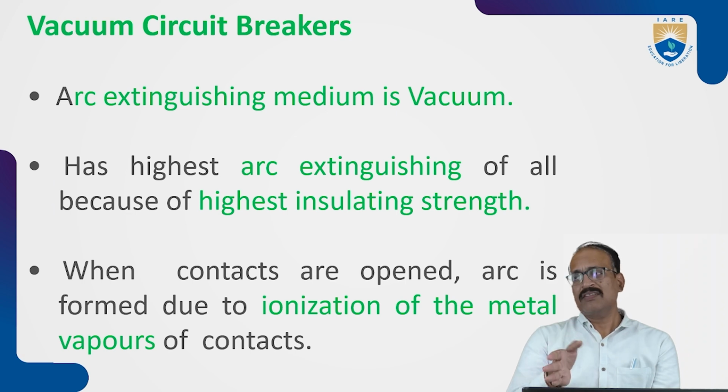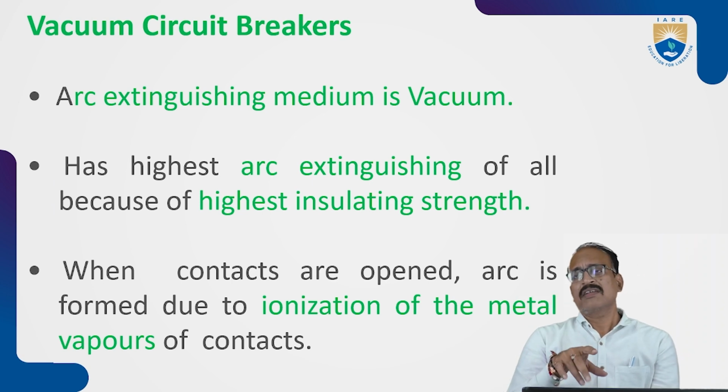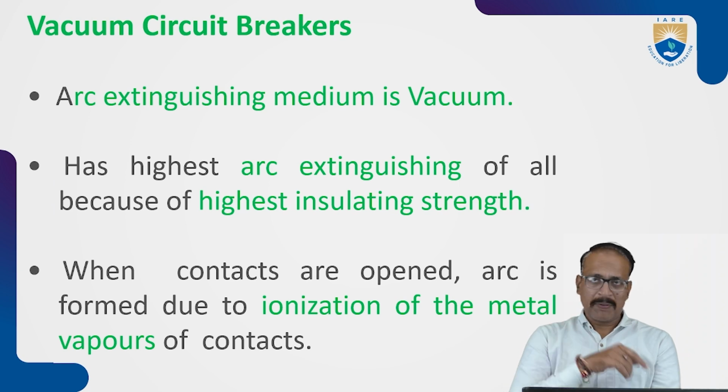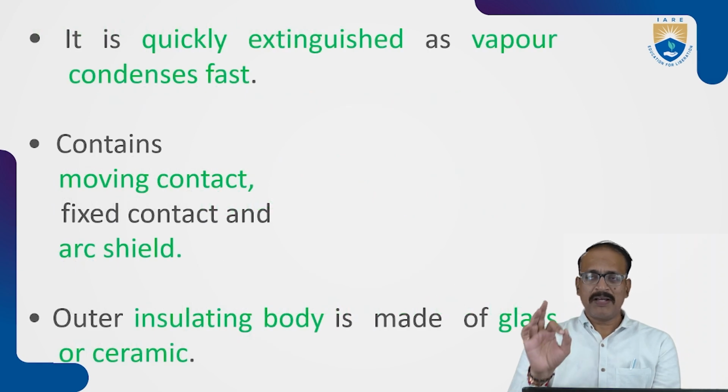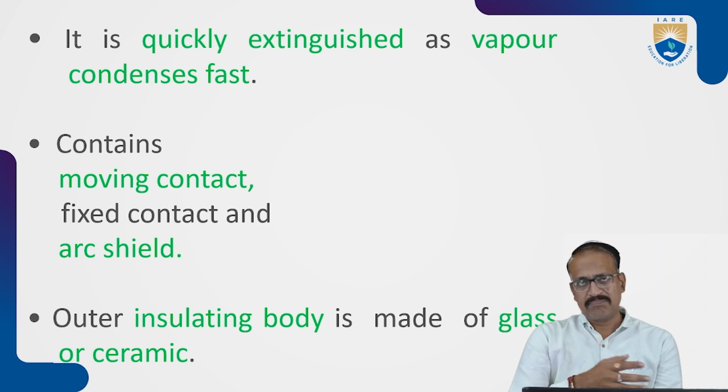So vacuum means the medium is vacuum. There should not be any medium for the arc to exist, but still the arc exists because of the ionized metal vapor. Even then this is best because the vapor gets condensed very fast. So the arc is also extinguished very quickly.